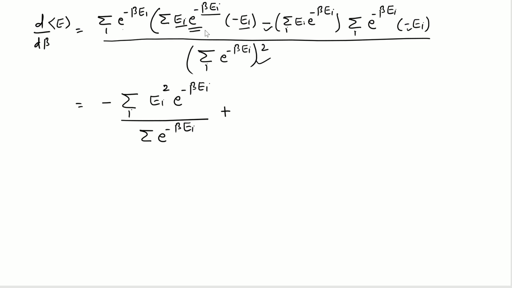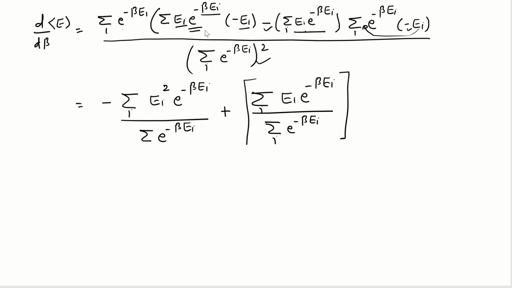Inside the bracket we can rewrite this as ei exponential minus beta ei, and then bringing this here, this is again ei exponential minus beta ei. The minus sign we have already taken into account, so this comes out to be equal to ei exponential minus beta ei divided by sum over i exponential minus beta ei, and it's squared, because we are having the individual term two times.